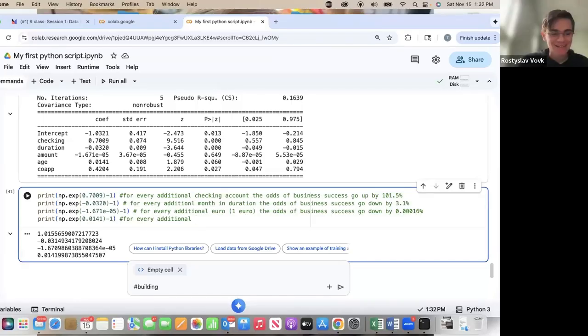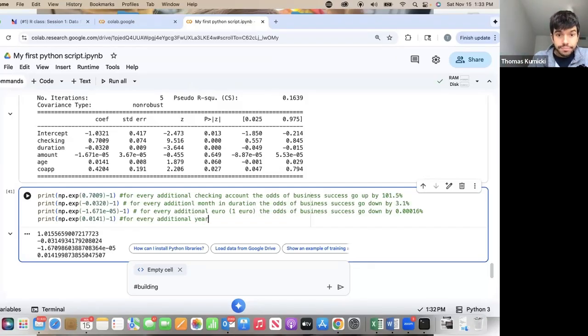Okay, I'll try. For every additional, how do you say it? Like year? What are we measuring? Age. What is age? Age is like how old are you? For every additional year. What's the unit? Yeah, exactly.